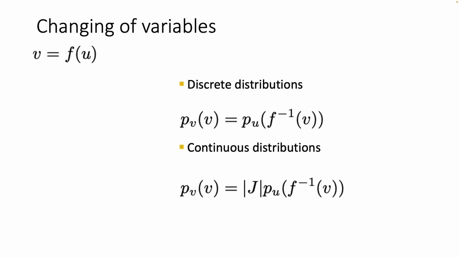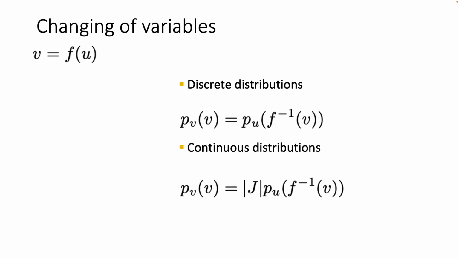Next important concept that we need to focus on are the variable changes, because this is something that you've probably had on your first year of studies during probability theory course. But the problem is that variable changes are practically important. It's not that we want to just get the distribution of square root of a variable or something like that, because no, that's not something that we just want.